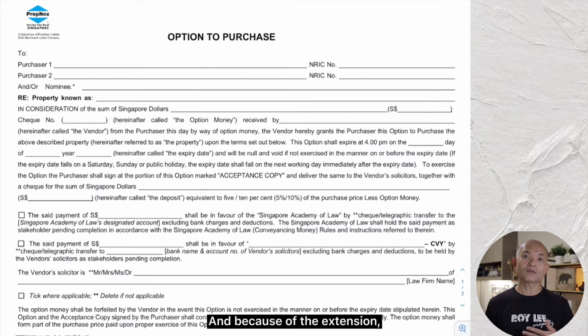And because of the extension, the seller may ask for a higher option money. So there are times that you may see the option money go to 2% or even 3%. So all this needs to be put on the table to be discussed between the buyer and the seller.